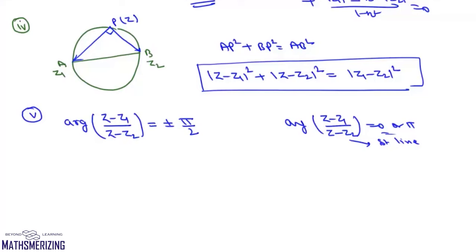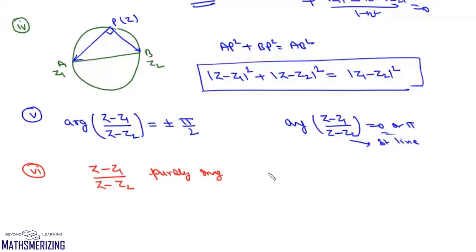Now another way to write the same equation is, now we know that its argument is plus or minus pi by 2. Now when the argument is plus or minus pi by 2, we know that this complex number must be purely imaginary. So we can write (z − z1)/(z − z2) is purely imaginary.